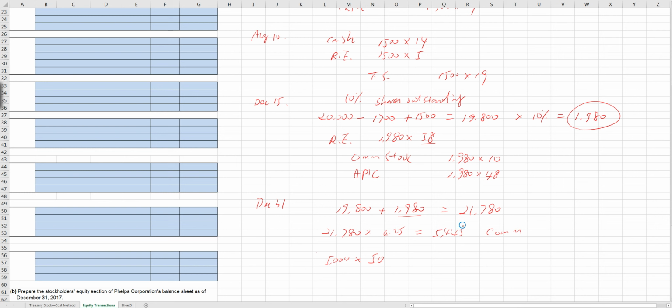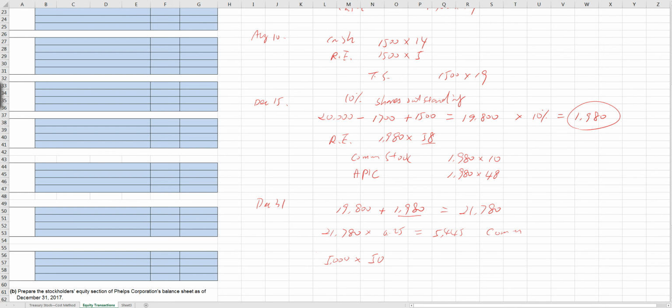Therefore, the total dividend we're going to declare, debit retained earnings. These numbers together is going to be $40,145. And we're going to credit dividend payable.